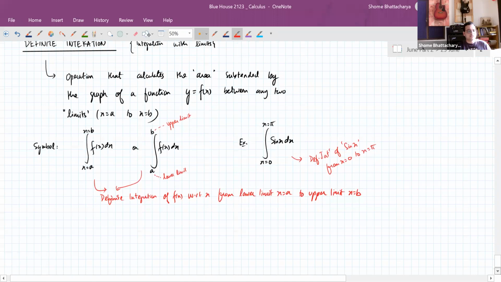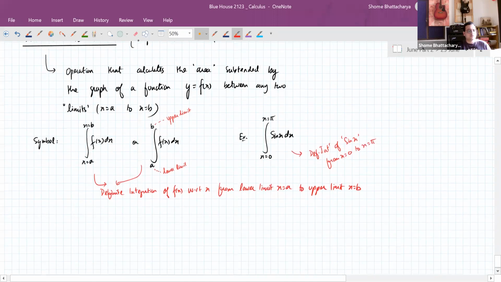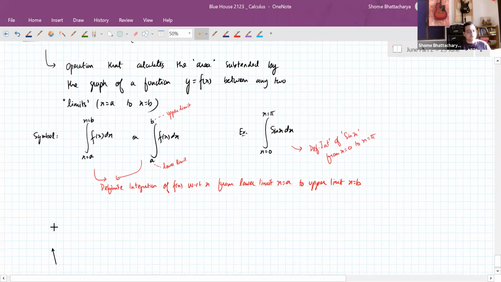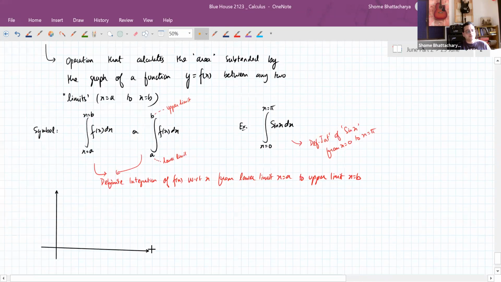So what this does is that if we plot y equal to f(x), suppose the graph is this. Suppose some arbitrary function I've taken is represented by this graph, and the point x equal to a is over here and the point x equal to b is over here.